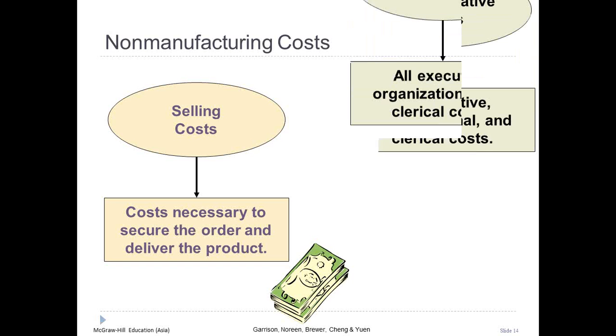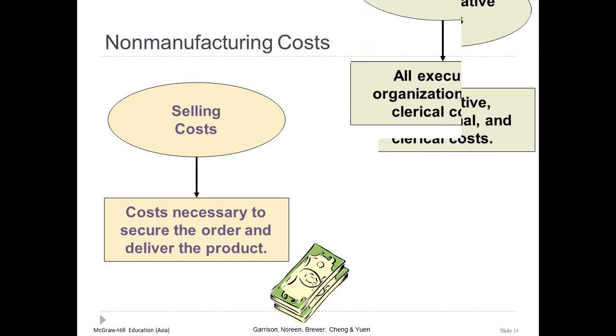A manufacturing company incurs many other costs in addition to manufacturing costs. For financial reporting purposes, most of these costs are typically classified as selling costs and administrative costs. These costs are also called selling, general and administrative costs, or SG&A. Selling and administrative costs are incurred in both manufacturing and merchandising firms.